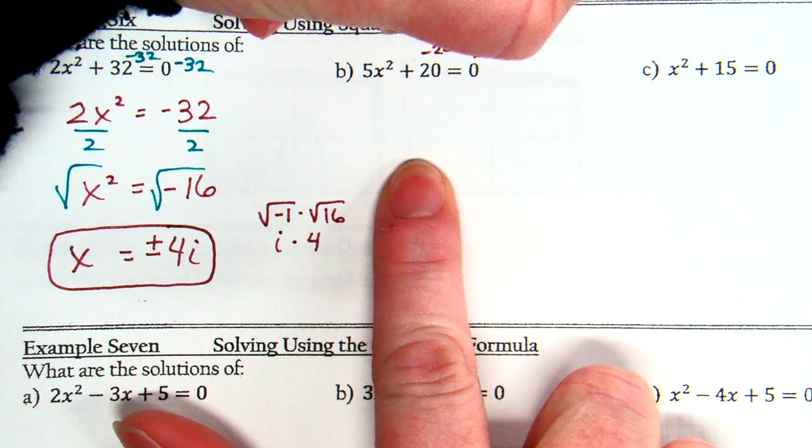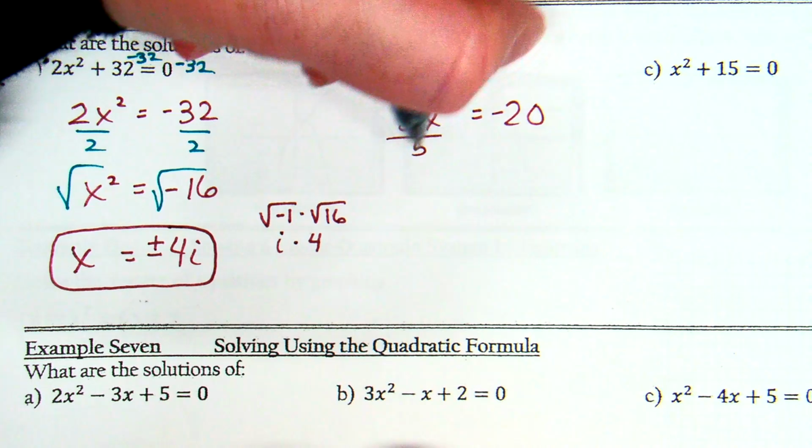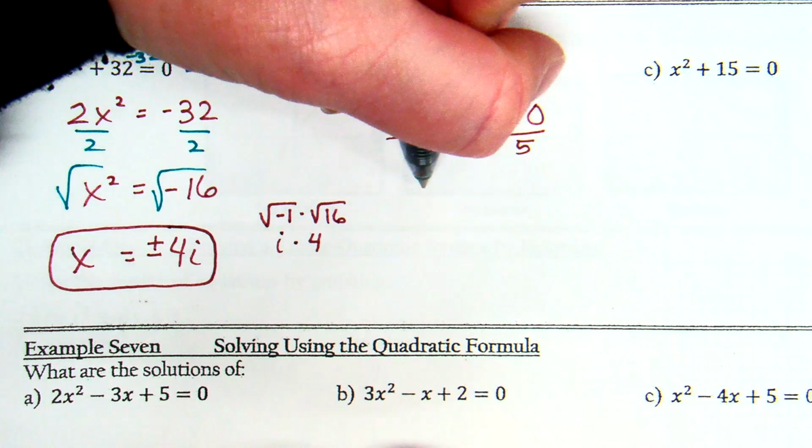Subtract 20. So now I have 5x squared equals negative 20. Continue to get x squared by itself. Divide by 5. X squared equals negative 4.